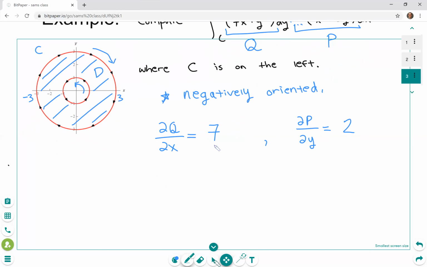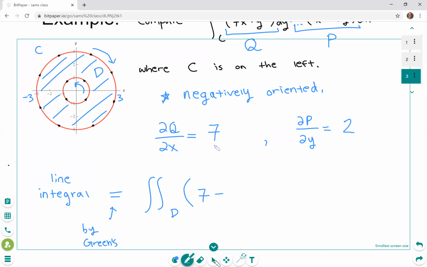So our integral becomes, so the line integral we got by Green's theorem is the double integral over D of, well, Q dx is 7 minus P dy, which is 2.